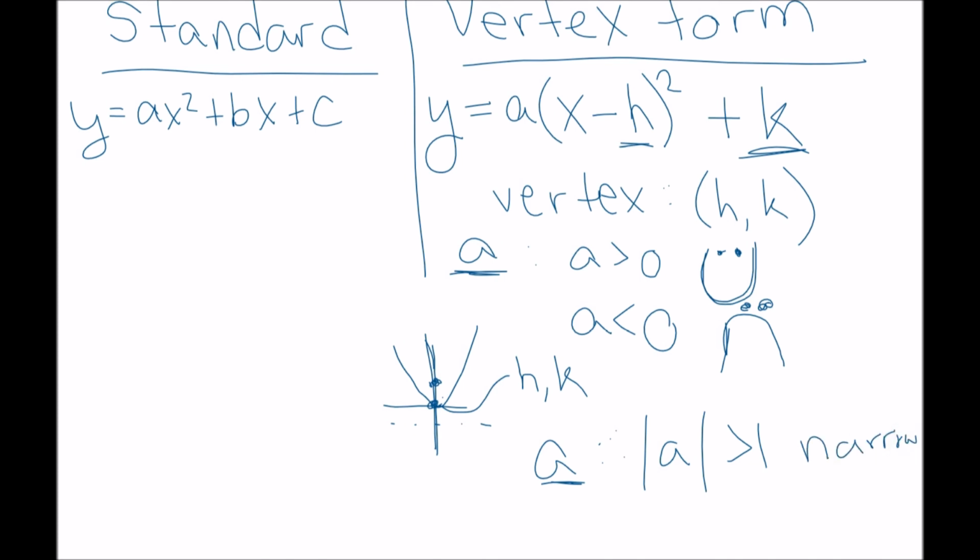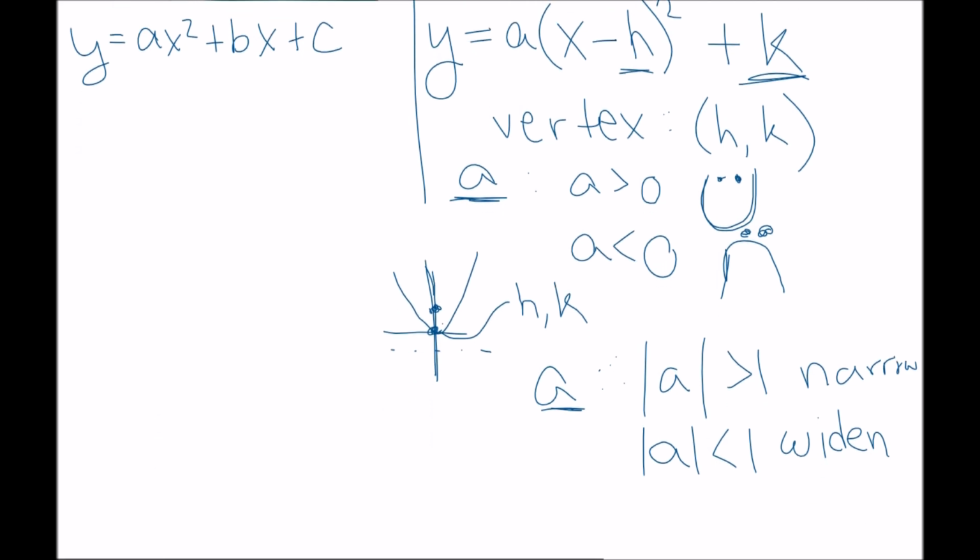And if the absolute value of a is less than 1, then we have a widening parabola. What I mean by widening and narrowing: I'm just going to show you the widening example. Sometimes our parabola can look kind of like this, where it gets wider and wider the higher up we go. That would be reminiscent of the absolute value of a being less than 1.